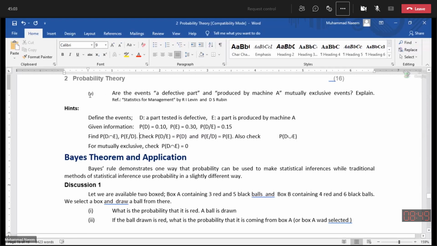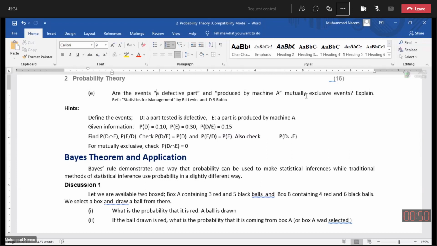In part E, we need to calculate whether these events are mutually exclusive. The answer is simple: in part A, we have calculated the probability of the intersection.